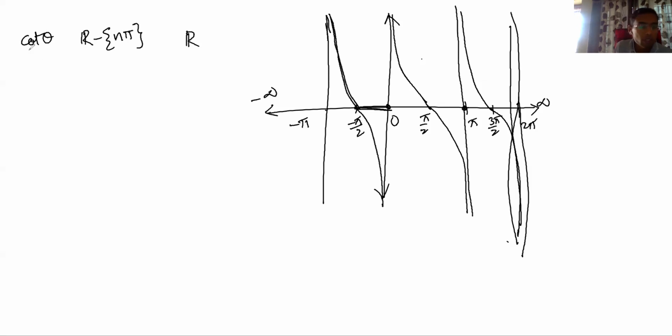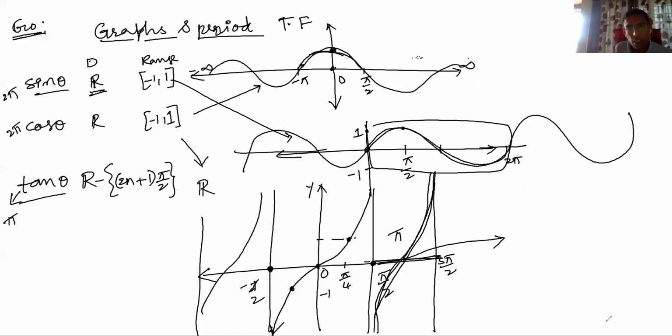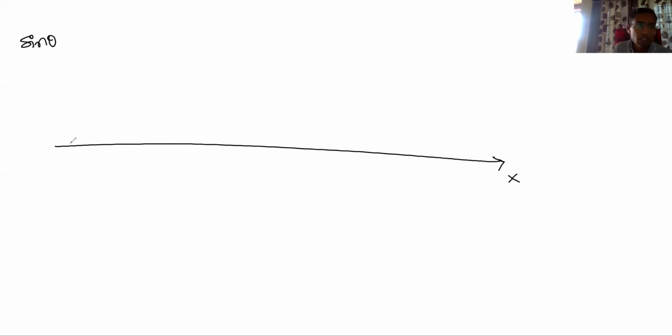Okay, all right. Next we will take cosecant theta and secant theta. Somebody is asking to explain sine theta and cos theta again. The sine theta graph is very simple. On the x-axis and y-axis, for 0 it is 0.